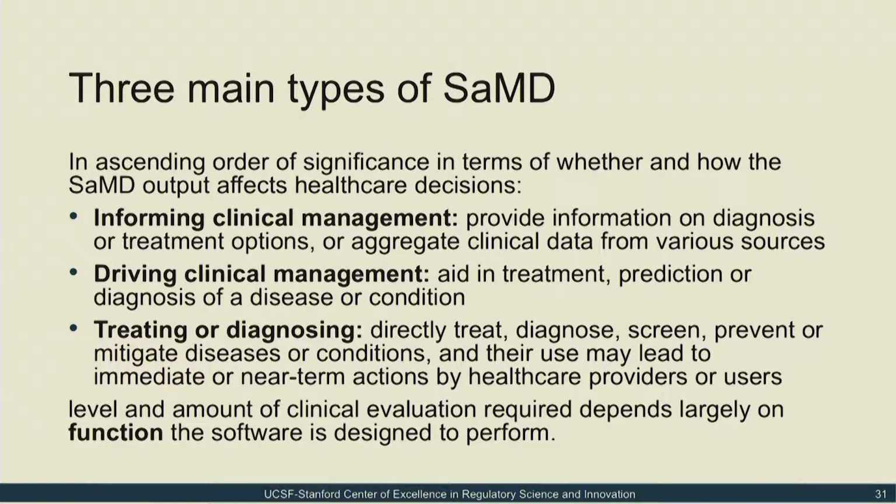It might drive clinical management and aid in treatment, prediction, or diagnosis of a disease or condition. And finally, it may treat or diagnose. That means, for example, it might screen, prevent, or mitigate diseases or conditions, potentially leading to immediate or near-term actions.